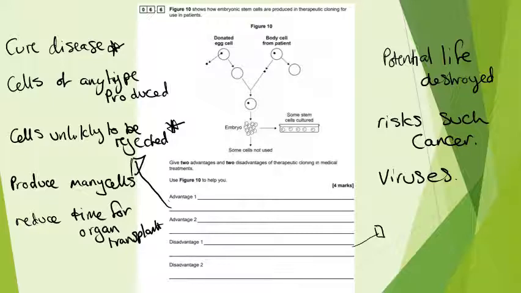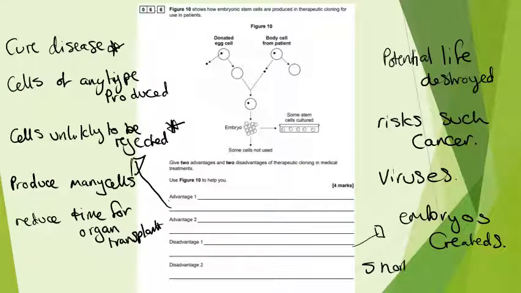Could also be thinking about the amount of embryos that have to be created, the number of embryos created that fail, that don't survive to be usable for this. Could be thinking as well, these embryos, as you can see up here, look, require a donated egg cell. So it might be that there isn't enough of those egg cells.